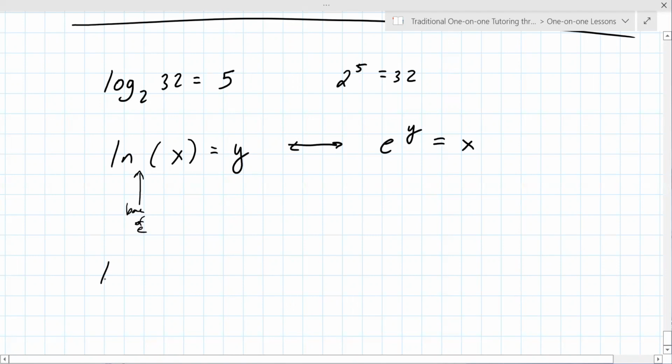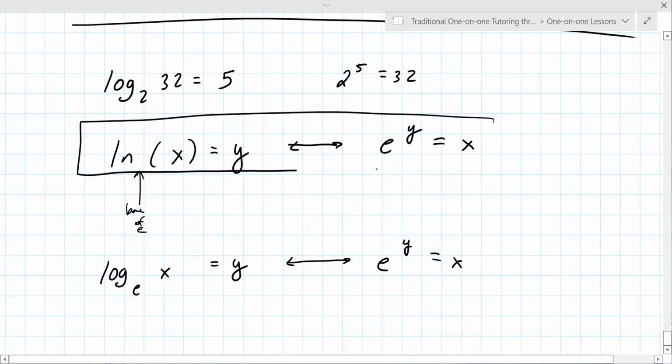Well, it's there. It's log base e of x equals y. It's just not written that way. So it becomes e to the y equals x for the same reason as the first line. I think the hard thing for you as a student is to remember that when it's ln, you're going to use e as your base.